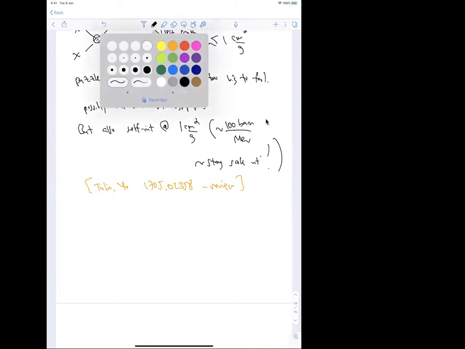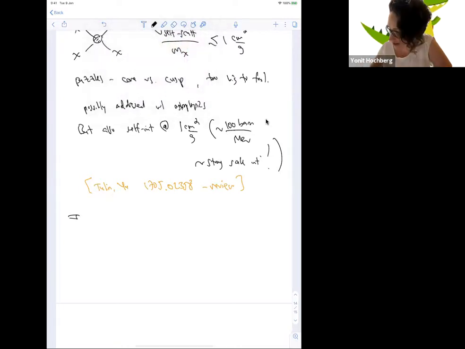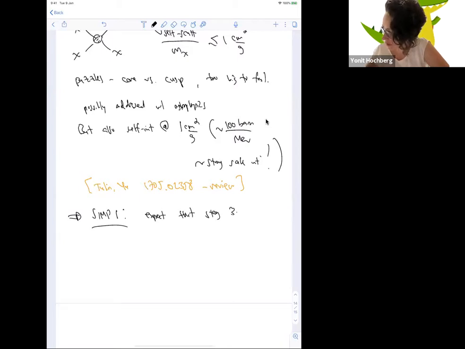So let me take all of this conversation and move back to why I'm even mentioning this. As I said, when we were talking about our strongly interacting massive particles, you just expect that if you have some theory that has strong 3-to-2 interactions, you'd also generically have strong 2-to-2 self-scatterings.